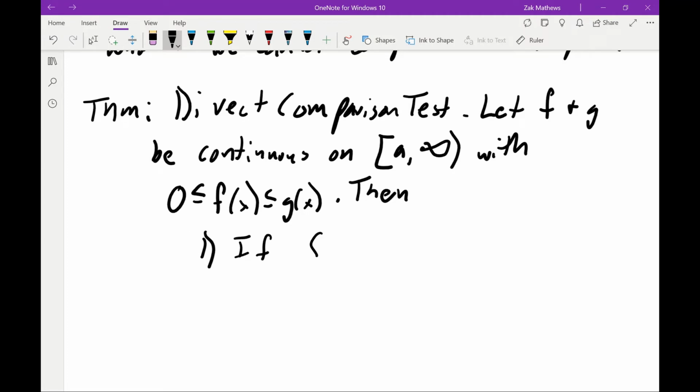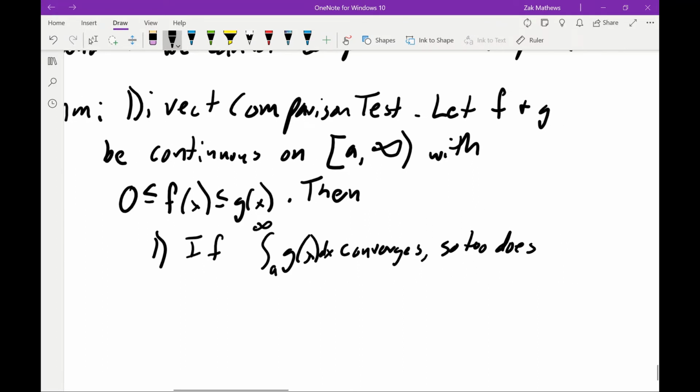If the integral from a to infinity of g of x dx converges, so too does the integral from a to infinity of f of x dx.